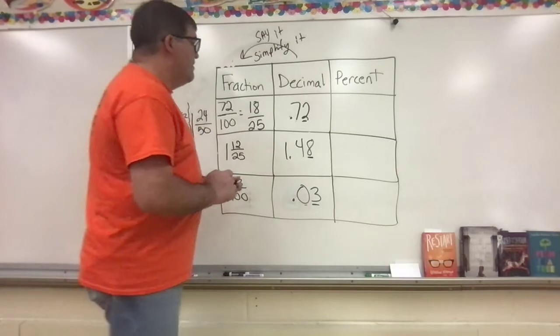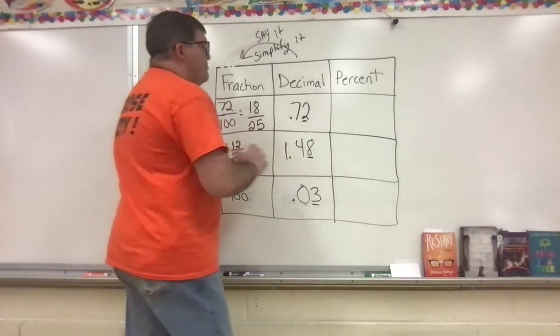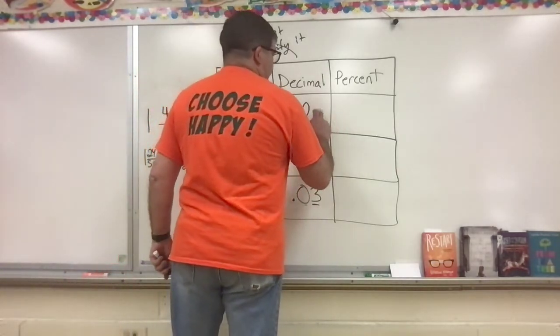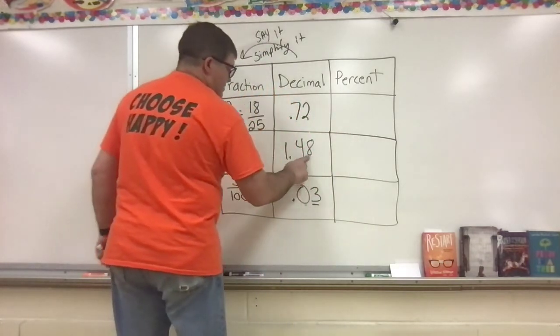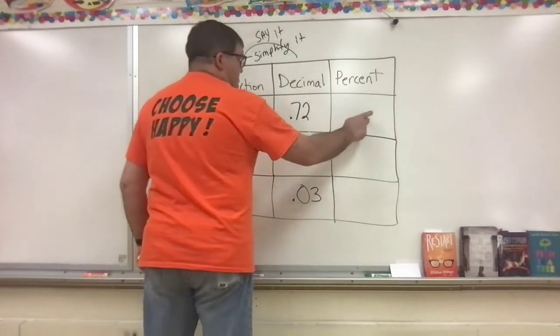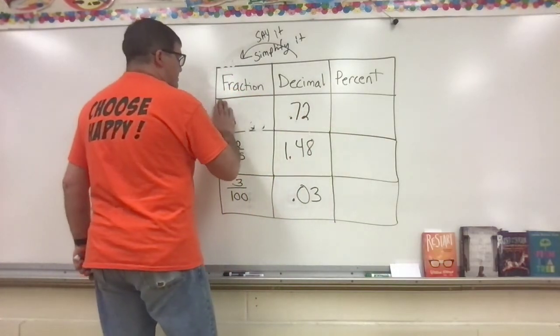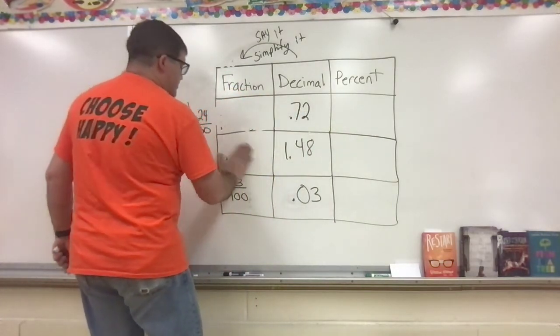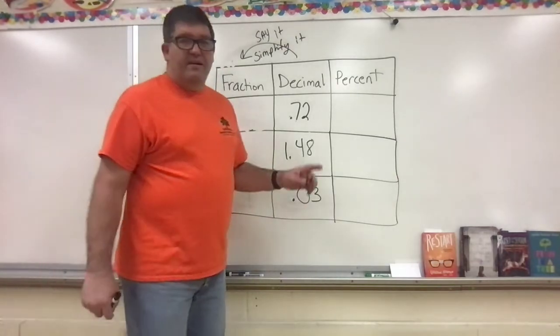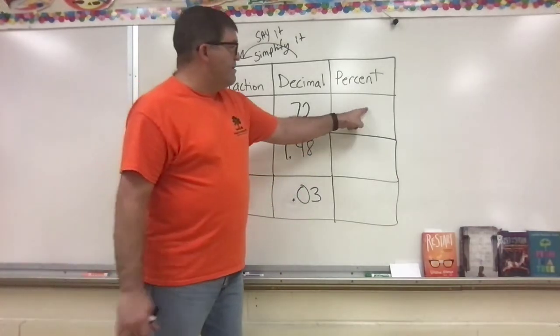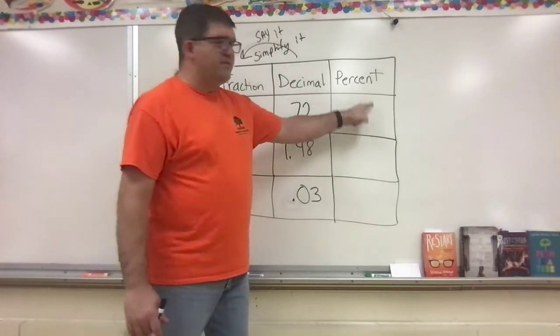All right. Now, I'm going to teach you how to get from decimal to percent, and then from percent to decimal. So we're not going to worry about fraction right now. And in this video, I'm not going to take you from percent to fraction or fraction to percent.